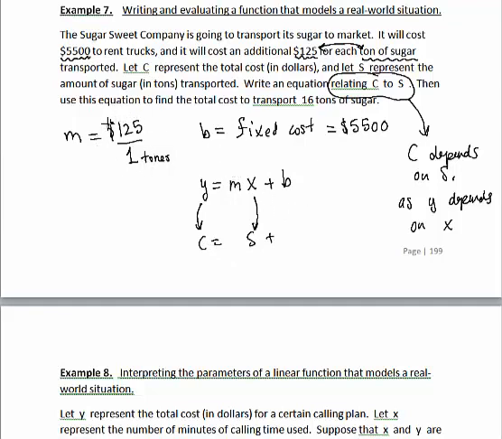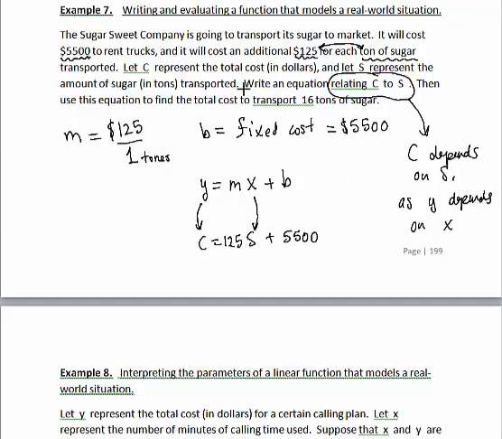Well, it's the two quantities, the dollar and the tons. It's that number that relates the two. And so we write 125 in front of the tons of sugar, and then we replace B with the 5,500. Okay, so we found our equation.